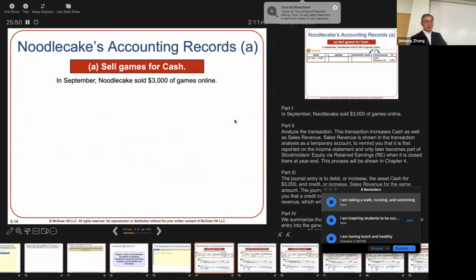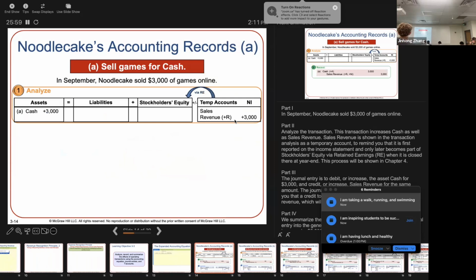So let's look at the example. Sell games for cash. In September, Noodle Cake sold $3,000 of games online. Your cash increased $3,000 and the revenue increased $3,000, with no expense booked.